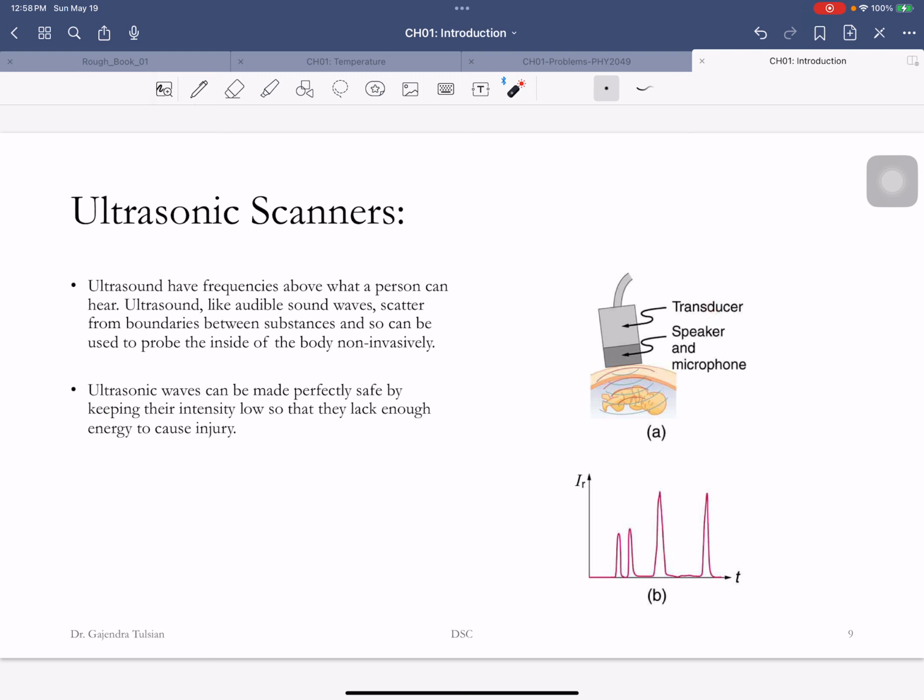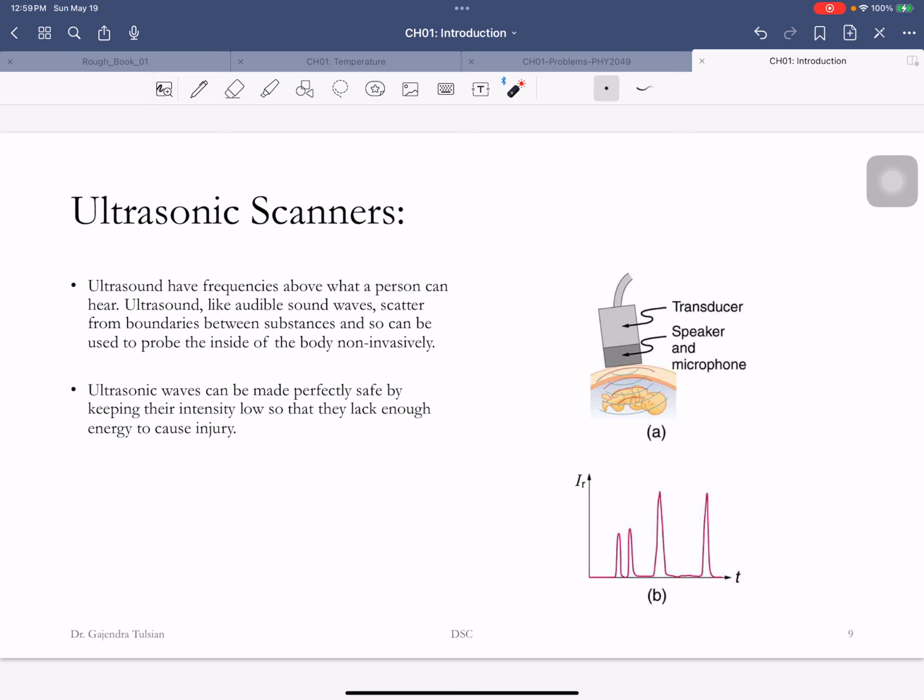So it's a transmitter and a receiver. And the idea is the following: you send ultrasound waves, and these waves are reflected from boundaries, any boundary. So this wave will be reflected from that boundary, and so on. What these measurements are is the time delay of the measurement.